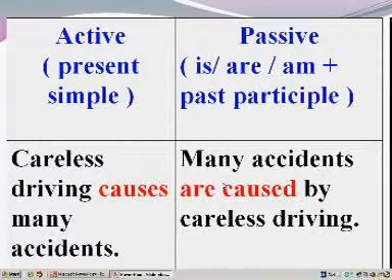Of course, this depends on whether the object is a plural or a singular word. Many accidents, is it plural or singular? Of course, it's plural. So, plural, and we have the present simple tense, it should be are. So, many accidents are, then a past participle caused by careless driving. Many accidents are caused by careless driving.